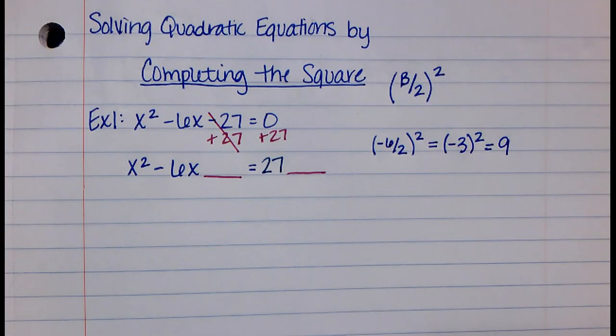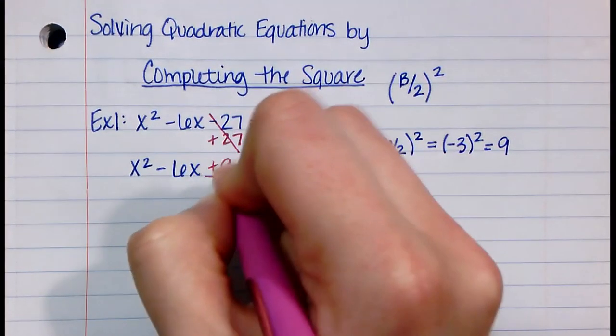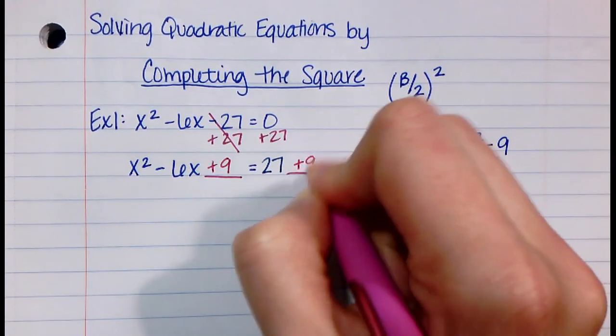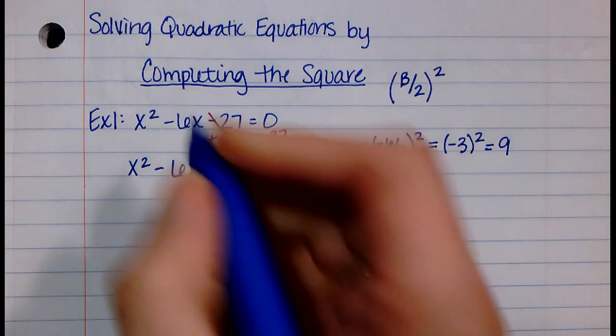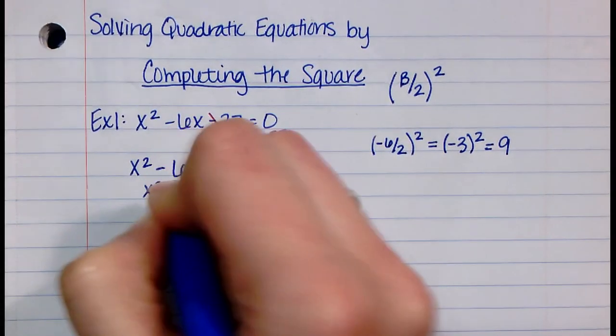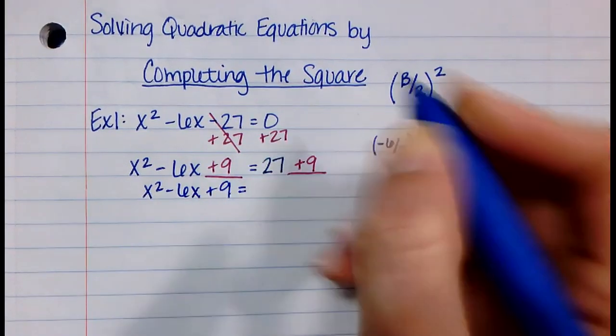So in our blanks, we are going to write positive 9 and positive 9. Then we are going to simplify. So I'm just going to bring down x squared minus 6x plus 9, which equals 27 plus 9, which is 36.